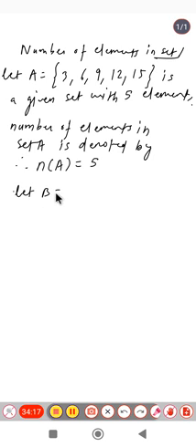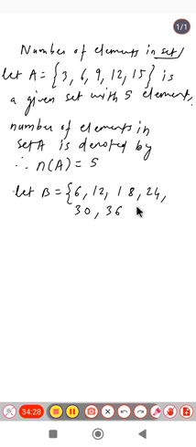Let B be a set having 6, 12, and so on. Count how many numbers: 1, 2, 3, 4, 5, 6. So we write n of B equals 6. Understand everyone?